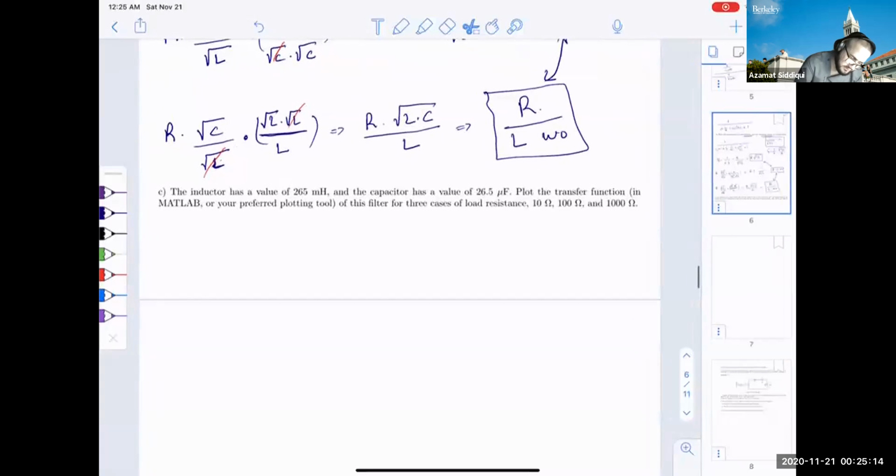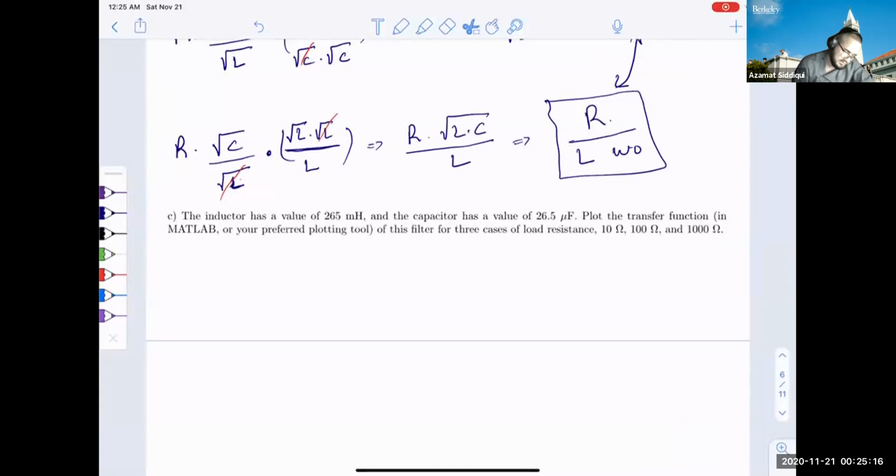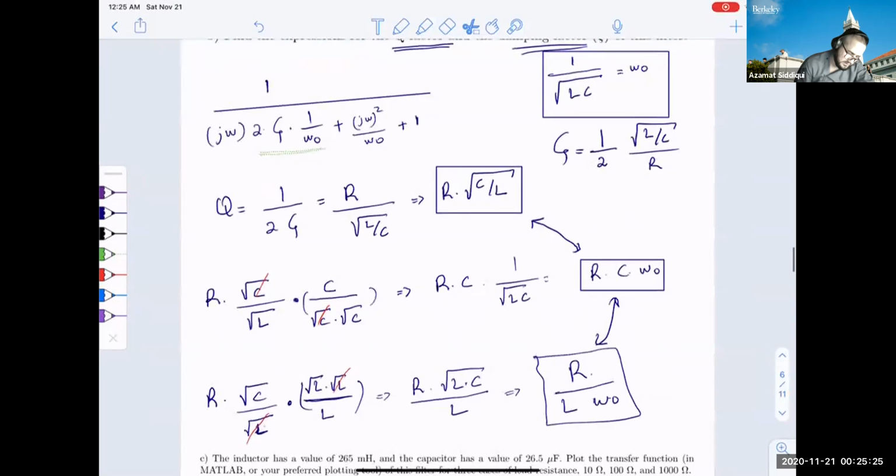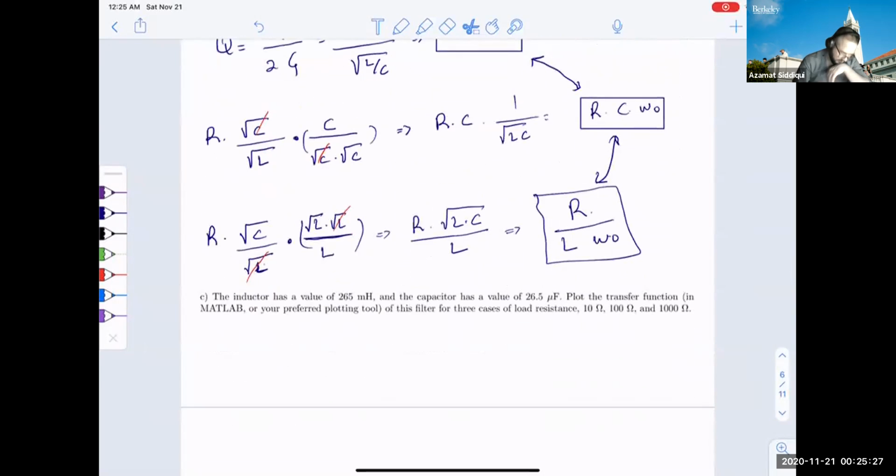Moving on from that part, let's move on to part C, after we find the Q in different ways and different expressions for it, and for psi as well. What it's asking us to do right now is to use MATLAB or any tool that we want, with an inductor value of 265 millihenries and a capacitor value of 26.5 microfarads.